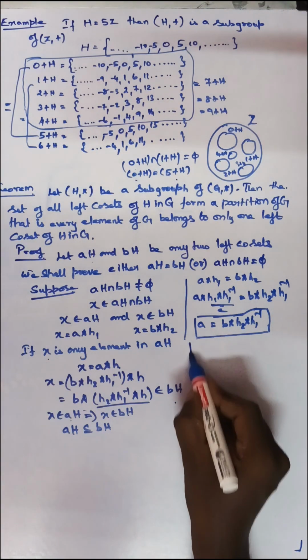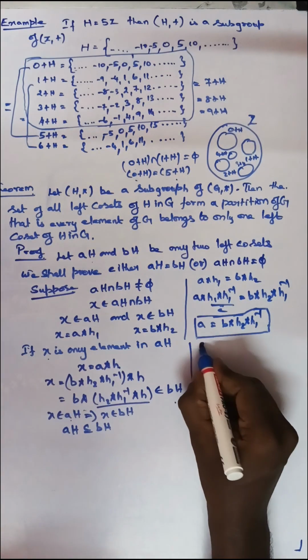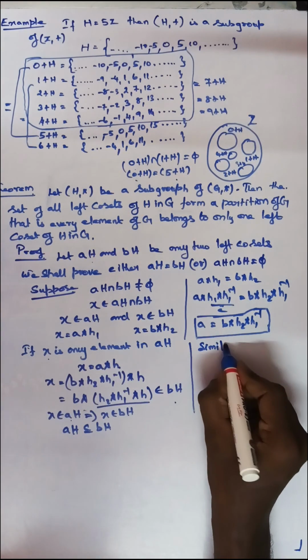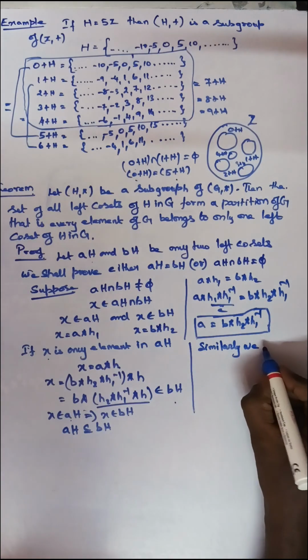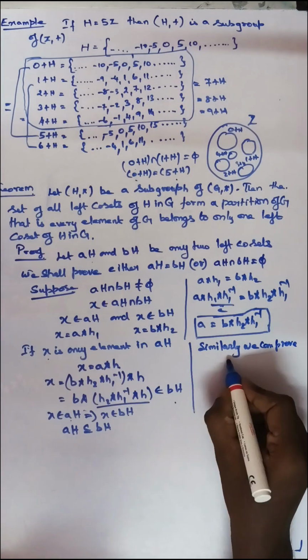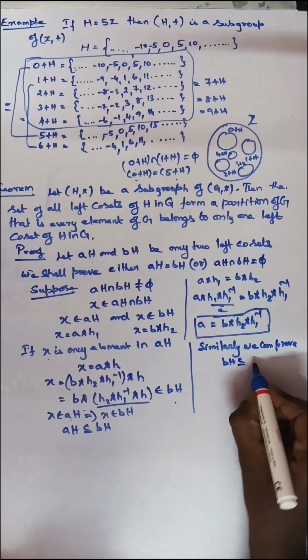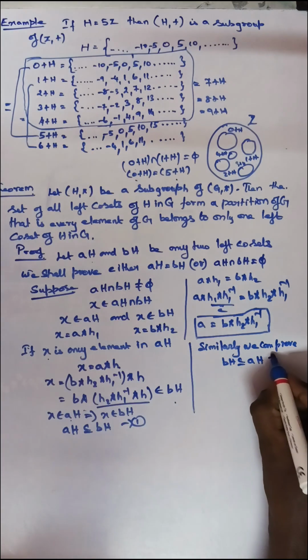Similarly, we can prove BH is a subset of AH. This is 1, this is 2.